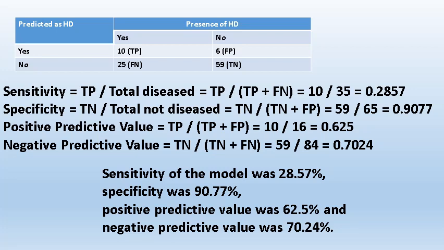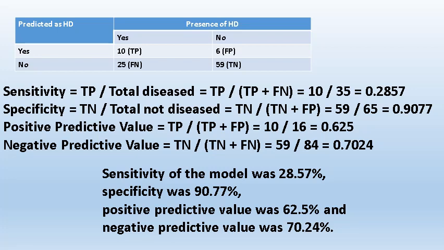So 0.9077, so 90.77%. Sensitivity, when you convert into percentage, is 0.2857 multiplied by 100, so 28.57% is the sensitivity.